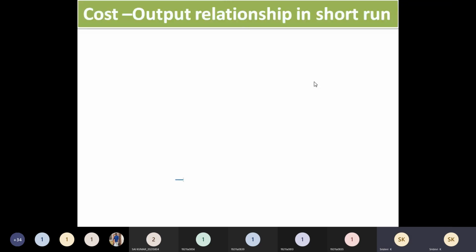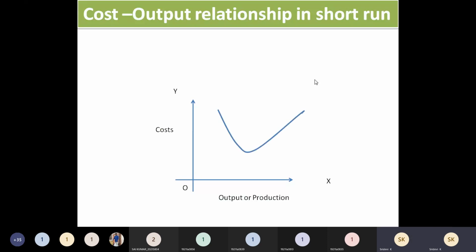And let us see how the average cost and the marginal cost are shown here. Both will be U-shaped, you know. Average cost is U-shaped, and marginal cost is also U-shaped, but it will intersect the average cost when it is increasing.